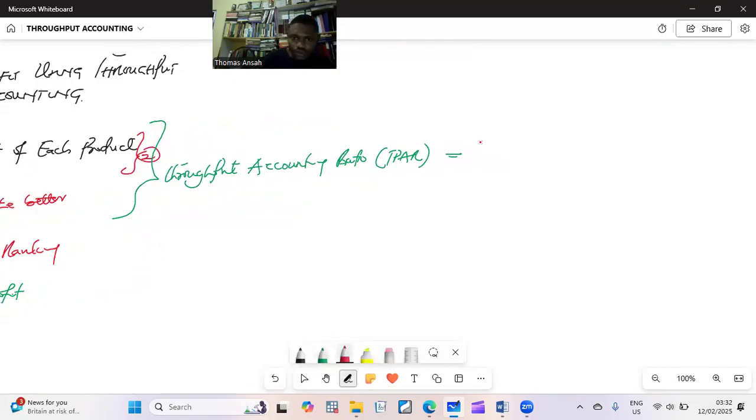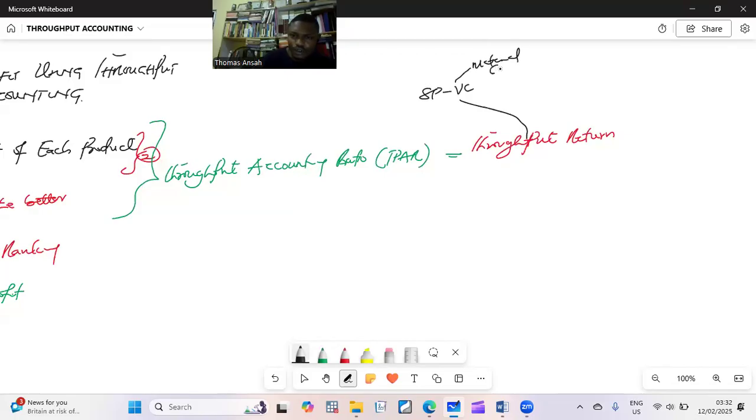So throughput return, you remember throughput return? Throughput return, which you have to get from the selling price minus variable cost. Here, variable cost meaning what? The material cost.